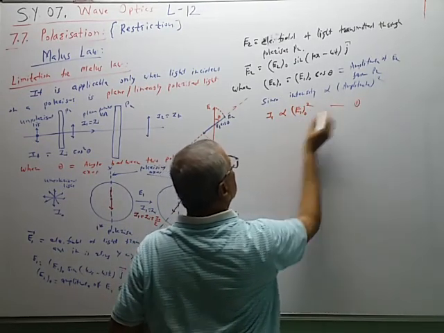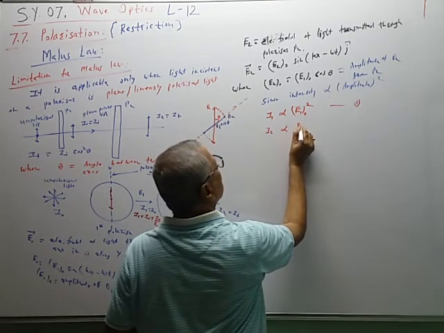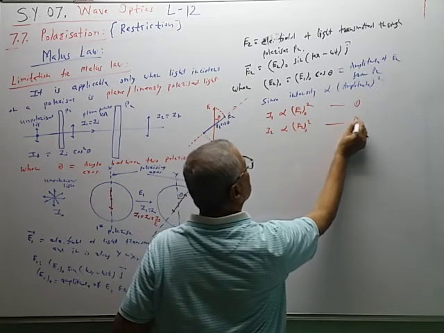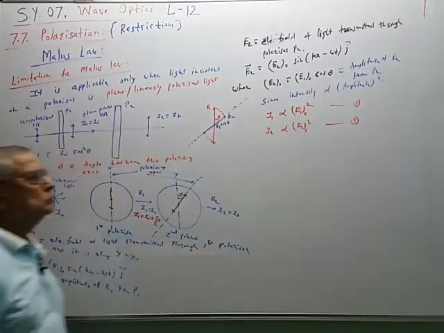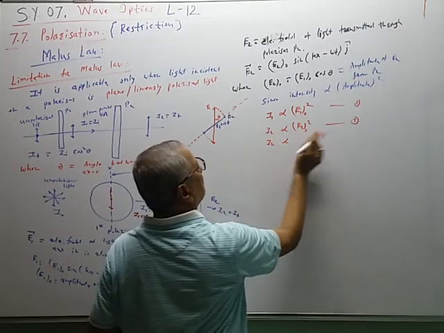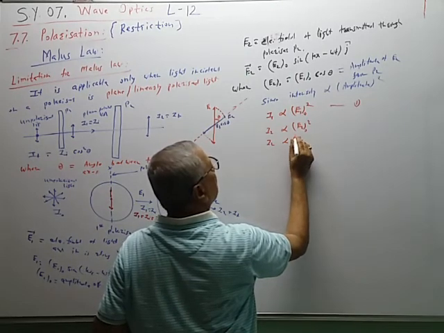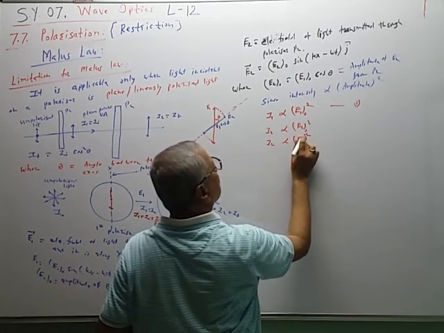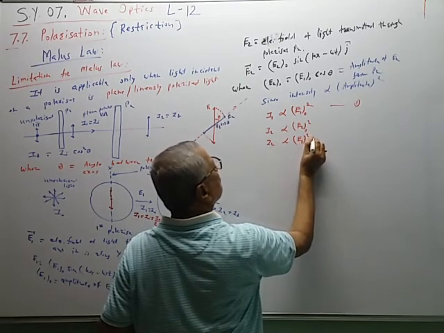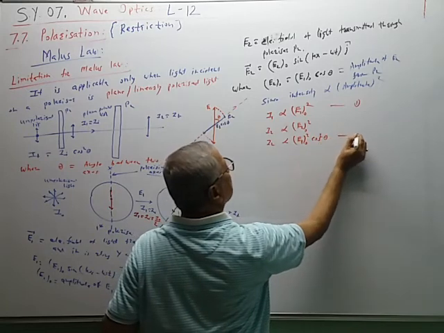This is equation 1. I2 is directly proportional to E2 0 square. This is equation 2. So I2, substituting this value, is proportional to E1 0 square cos square theta.